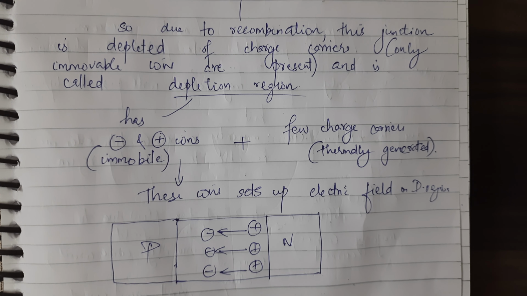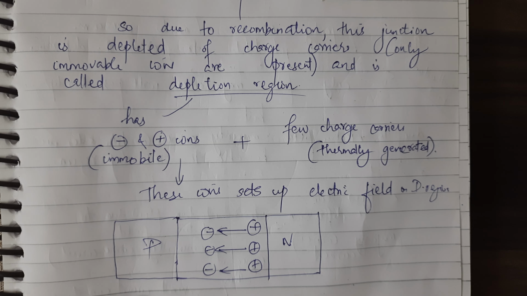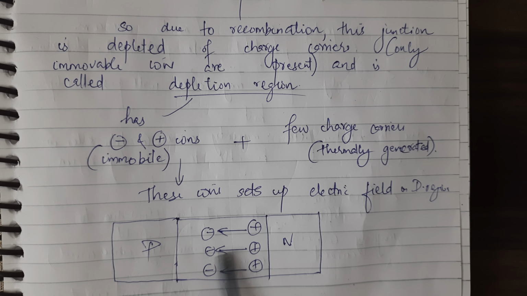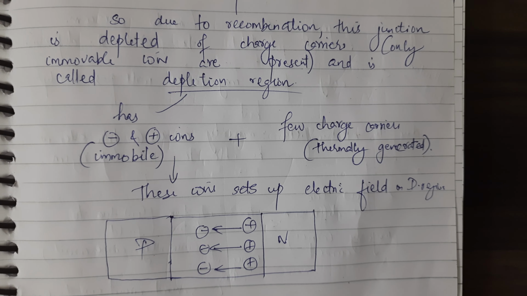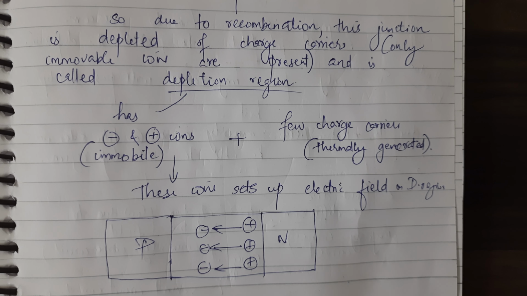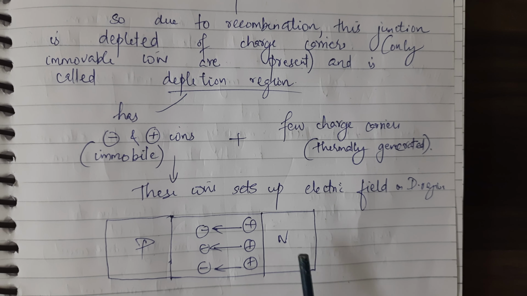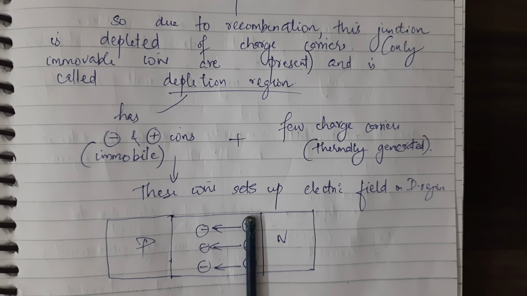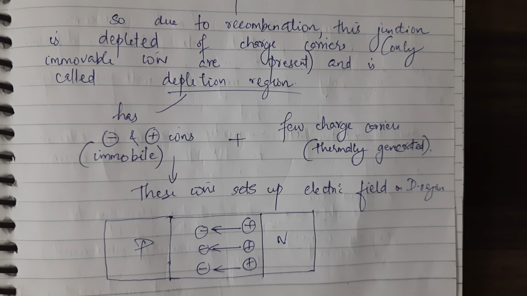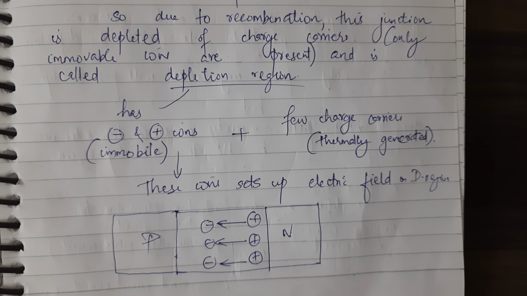So the minority charge carriers will flow due to this electric field. We can see that the majority current flows through diffusion, and the minority current flows because of this particular electric field. But both of these cancel out each other, and the net current in the circuit will be zero. So that is the first case.